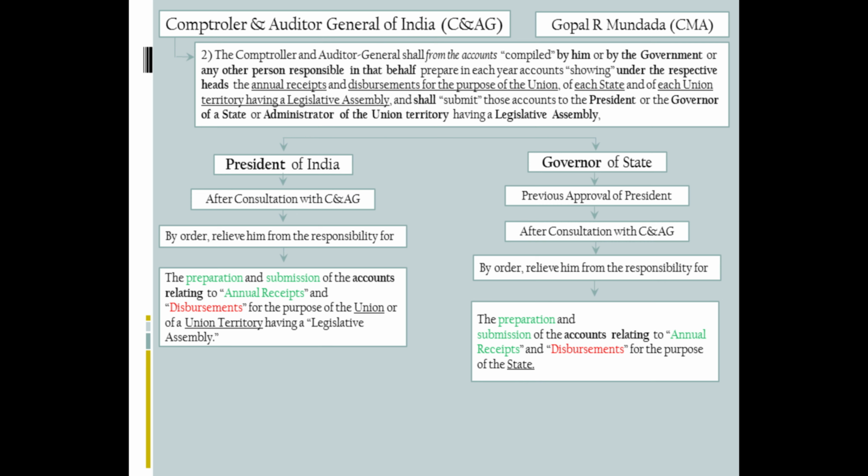In this case, the same thing happens. The previous approval of the president is also required in this case, and after consultation with the C&AG, the governor of the state by order relieves the C&AG from the responsibility of the preparation and submission of the accounts relating to the annual receipts and disbursements of the state. So guys, this is a work of the government auditor, that is the C&AG.